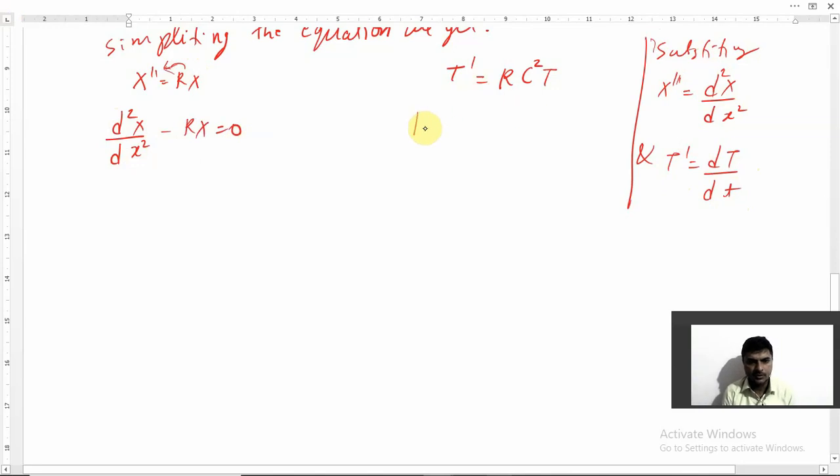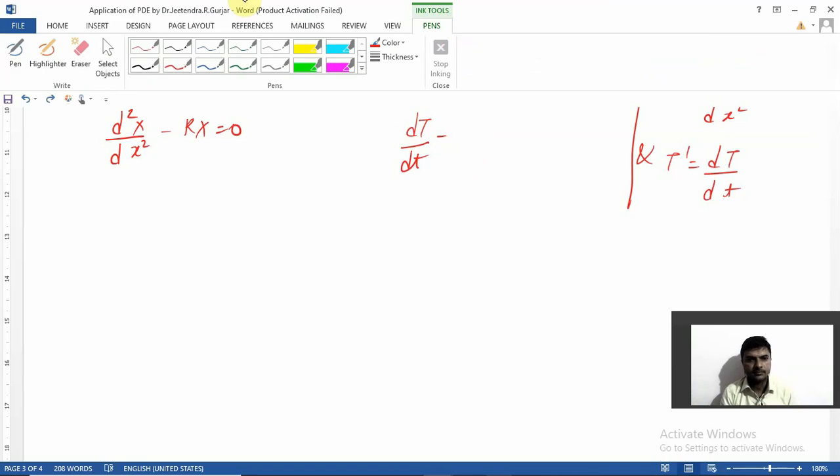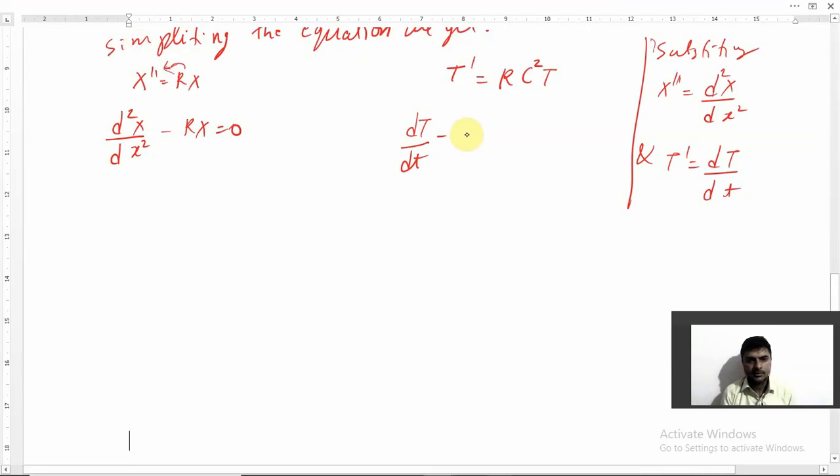Similarly with this equation, dt upon dt, I will just take out this r on this side, so minus r c square t is equal to 0. So now using the auxiliary equation, friends, one can easily find the solution in a simple way.